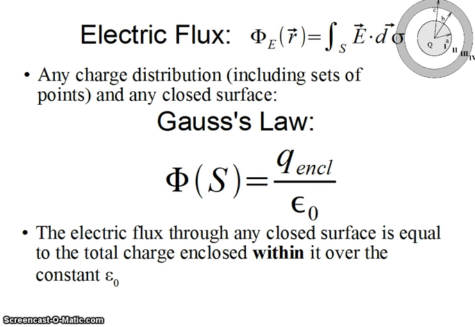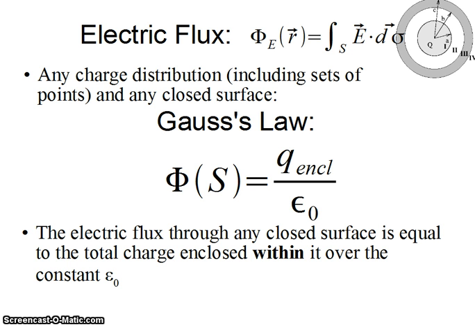Just to review the definition, the electric flux, for which we use the Greek letter phi, is the integral on a surface of the electric field dotted with the surface vector. Those are both vectors, and there's a dot product.